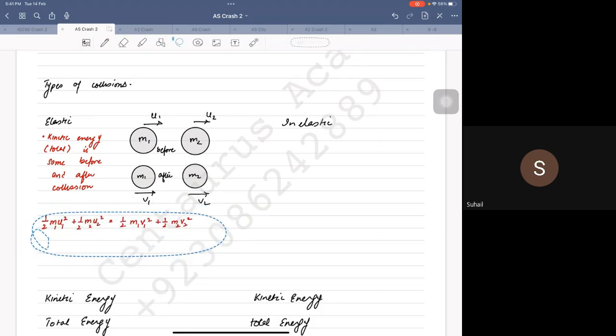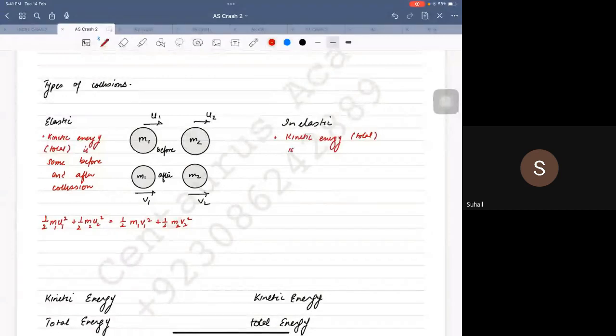Speaking of this, I just want to tell you that when something is inelastic, it means that the total kinetic energy initially, whatever it is, doesn't really matter, is not the same before and after collision.